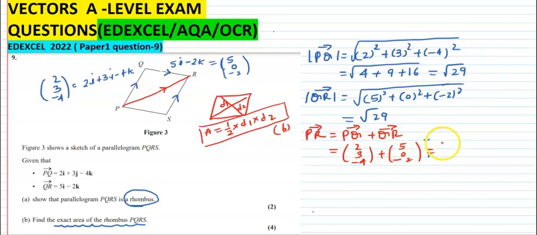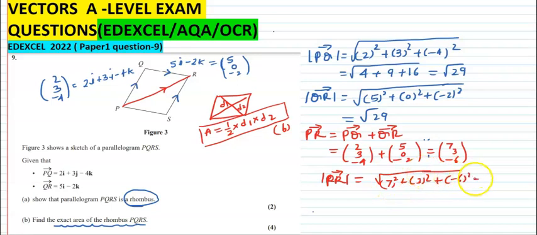If you add them, it should be 7, 3 and minus 6. And we can find the modulus of PR. The modulus of PR will be the root of 7 squared plus 3 squared and minus 6 squared. Once we add it, it is 49 plus 9 plus 36. It should be root 93.